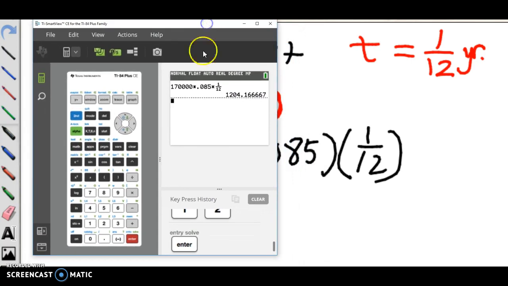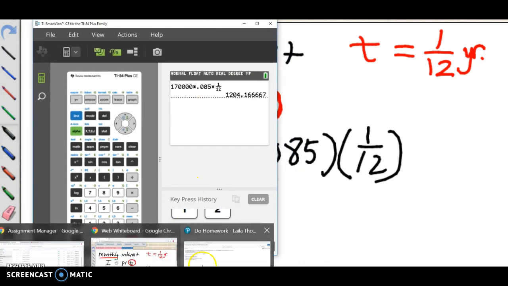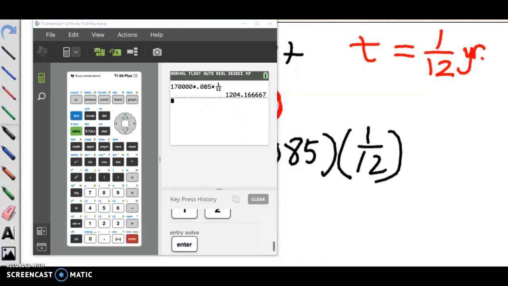The question asked us how much of the first payment actually goes towards the principal.